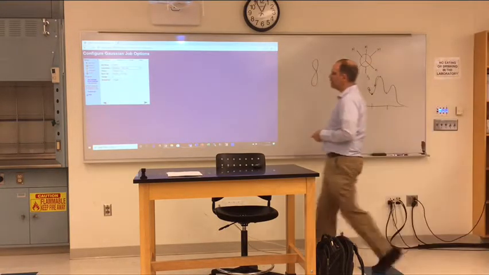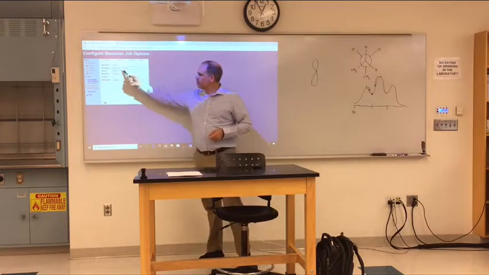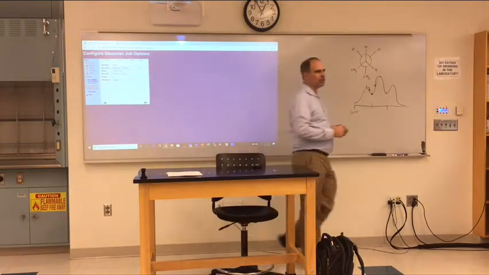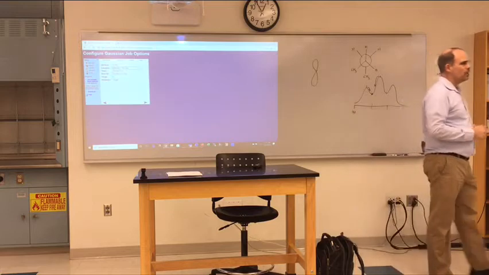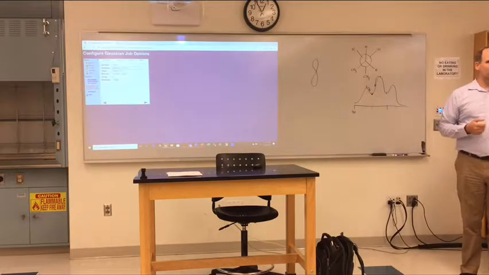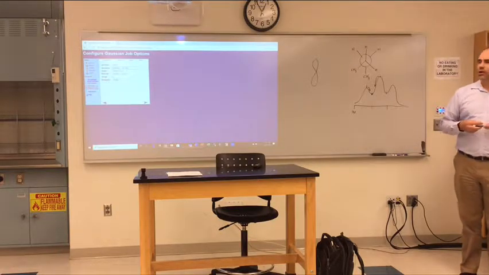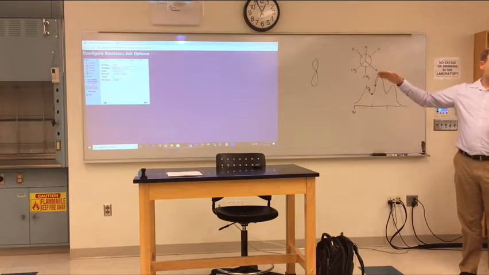Right? The theory: there are a bunch of different ways of using those functions to calculate the energy. Some of them are parameterized for different types of molecules. So some of them might do better for charged species. Some of them are better for hydrocarbons, right? And so we've got to select the theory that we're going to use.